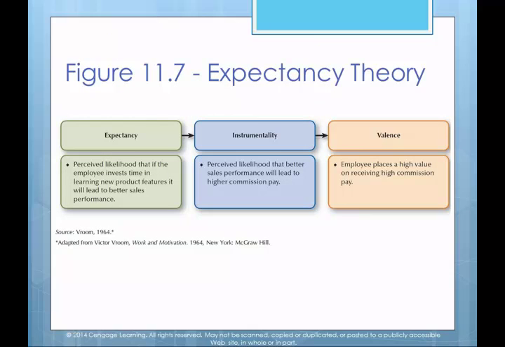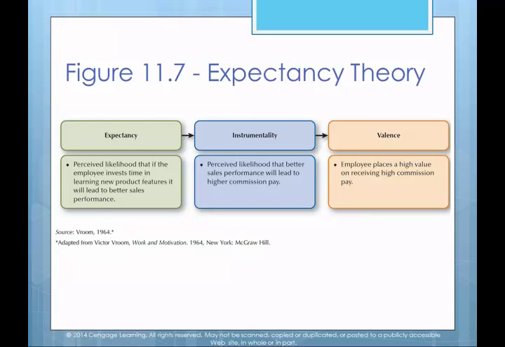The components of the expectancy theory were developed by Victor Vroom. You probably have studied Vroom in some other classes, but he states that there are important relationships within the expectancy theory. Again, expectancy is the perceived likelihood that if the employee invests time in learning new product features, it will lead to better sales performance.